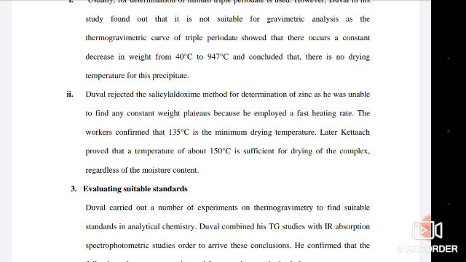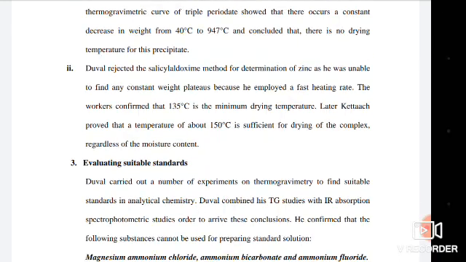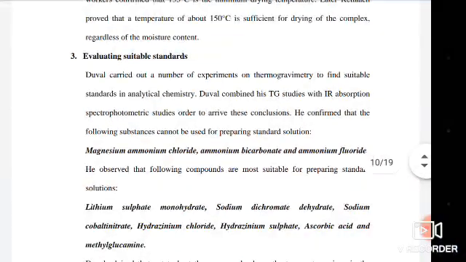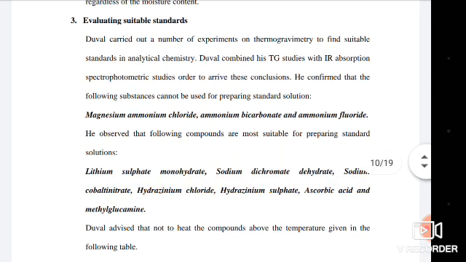Later work proved that a temperature of about 150 degrees Celsius is sufficient for drying the complexes regardless of the moisture content. Then, evaluating suitable standards, Duval carried out a number of experiments with thermogravimetry to find suitable standards in analytical chemistry. Duval combined his thermogravimetric studies with IR absorption spectrometric studies in order to arrive at these conclusions.